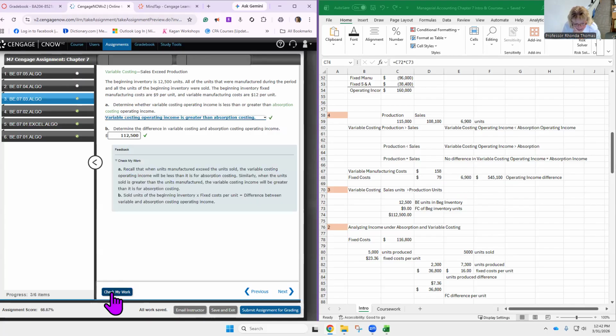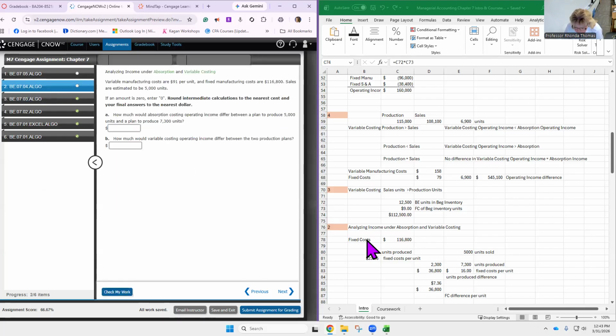Determine the difference in the variable costing. So to find the difference here, we were given our beginning inventory. Okay. And remember, beginning inventory in this month or period of time they're looking at, the beginning inventory was actually the ending inventory from the month before. Okay, so we have to keep that in mind.